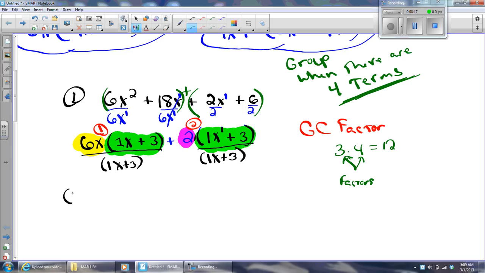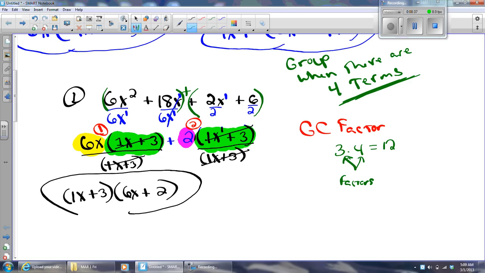I pull it out. Remember, my GCF never disappears. My factors never disappear. So what's left here? These will cancel, leaving me a 6x. These will cancel, leaving me a 2. And there you go. There's your third GCF right there. You just GCF'd 1 time, 2 times, 3 times.